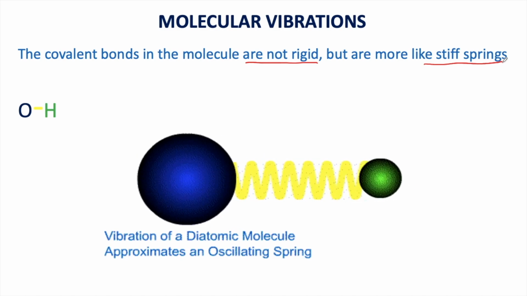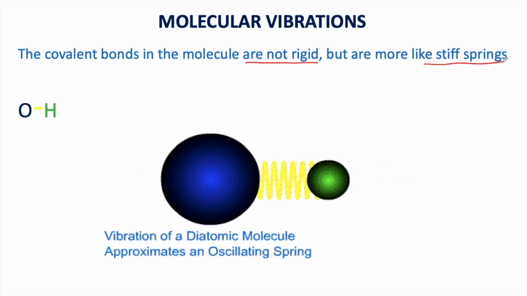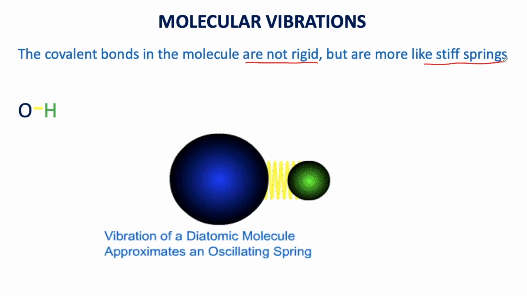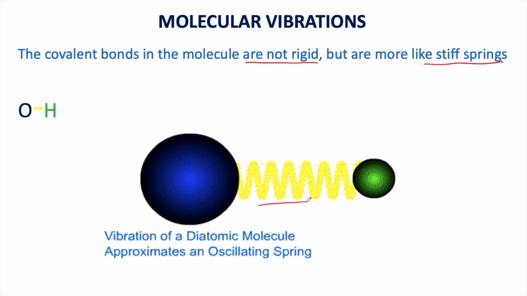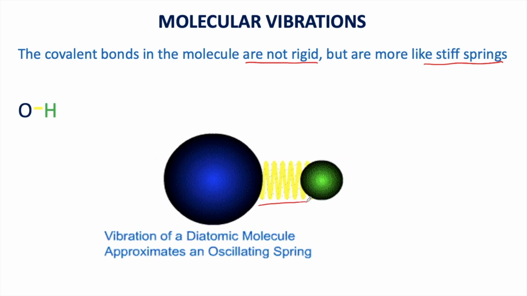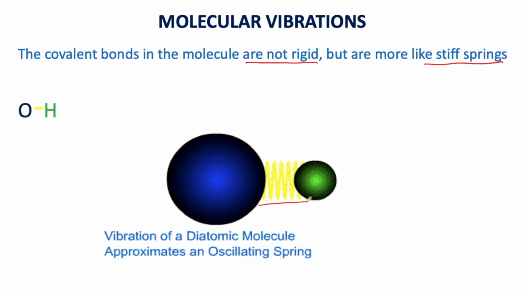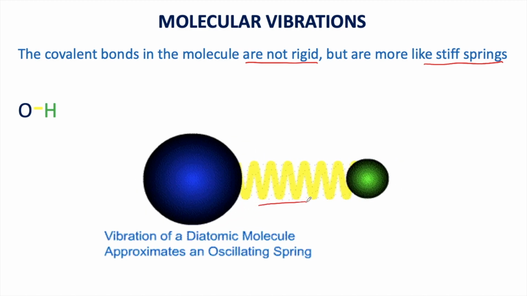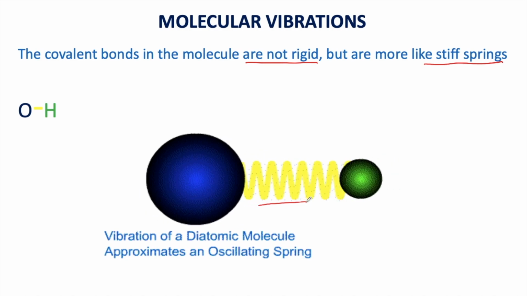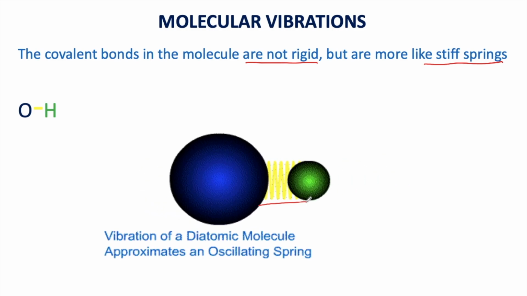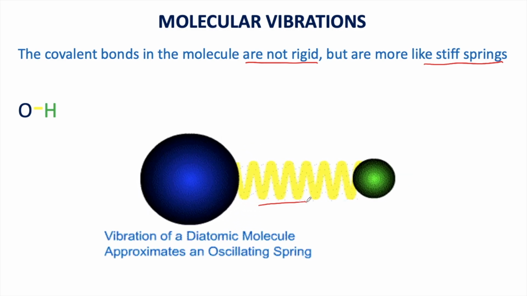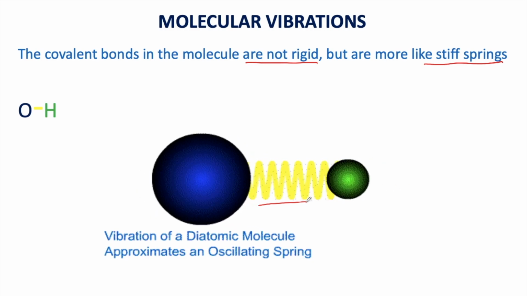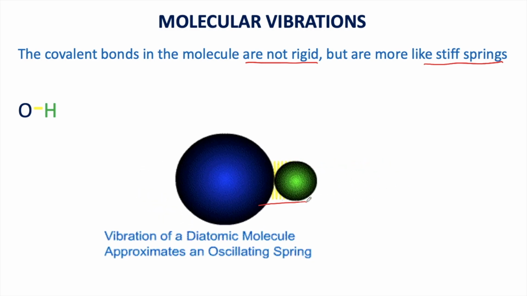Here, the bond between oxygen and hydrogen is represented with this spring, and the two atoms are represented with the balls, the blue ball and the green ball. As you can see, the spring is continuously going under compression and extension. So this constitutes the basis of molecular vibrations.